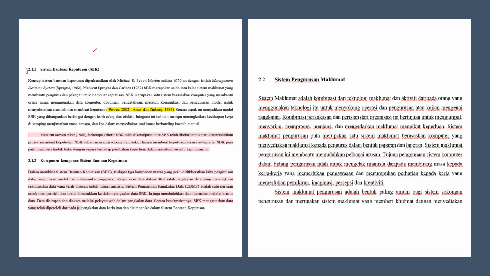On the slide now is an example. If you are using a specific method like DSS, decision support system, or expert system, you need to provide an overview of this particular method. Or for research students, you may write the particular algorithm or technique you use, like machine learning, deep learning, convolutional neural network.